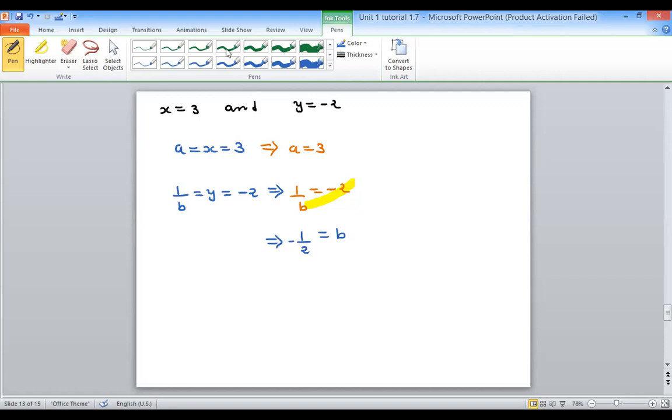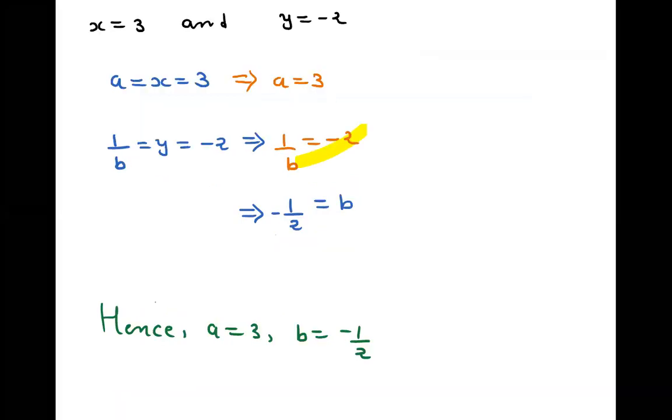So you got the x and y from the a and b. Hence, your a is 3 and b is minus 1 by 2. So this is your answer, and it is a beautiful question.